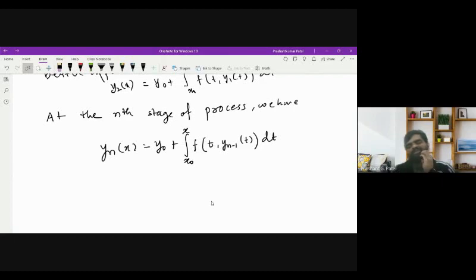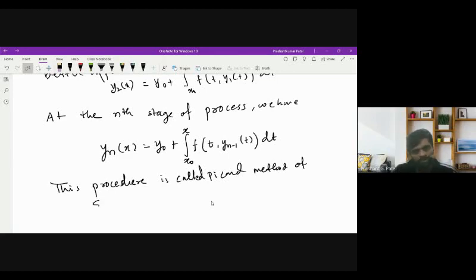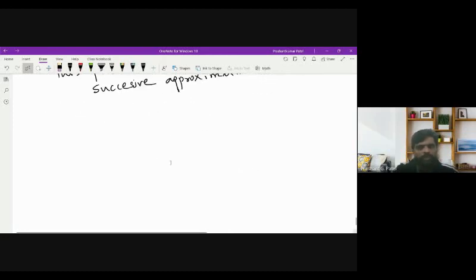And this procedure is called Picard's method of successive approximation. We will see how it works by solving some examples.